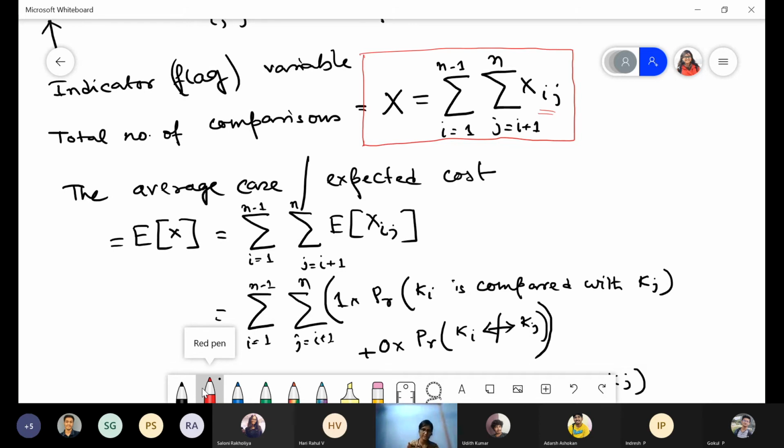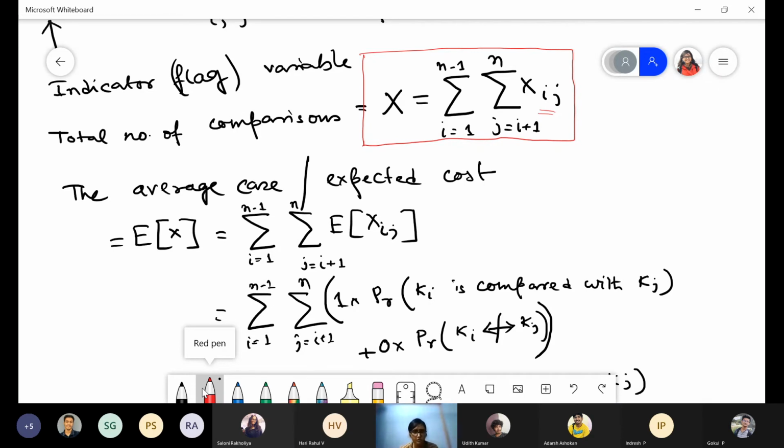So this whole thing can be covered only if you consider the expectation over X, because here X is considering all possible pairs Xij. So if you consider E of X, the expected value of capital X, that will give you the expectation for all possible partitioning over any arbitrary distribution.